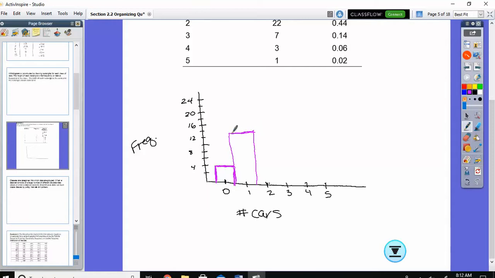And here. Hopefully you're a little better at drawing straight lines than I am. Okay, then the 2, we had 22.